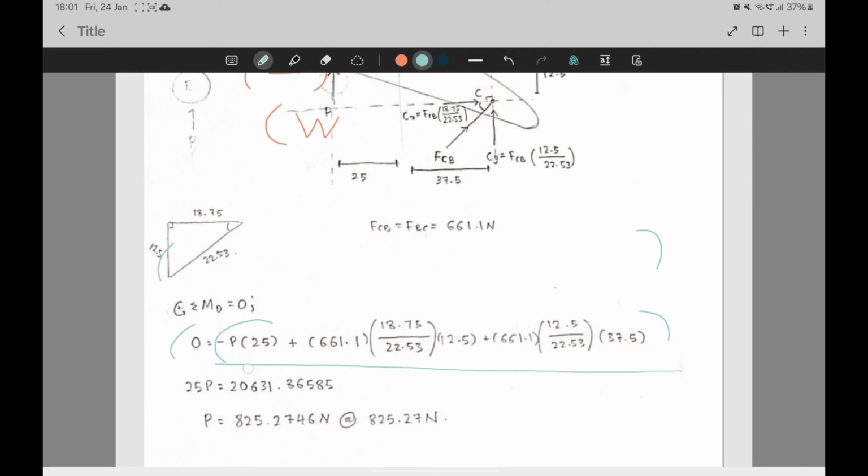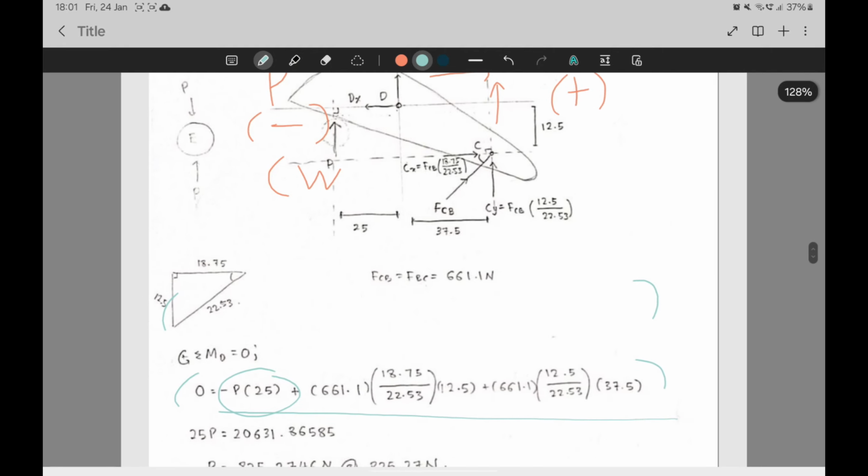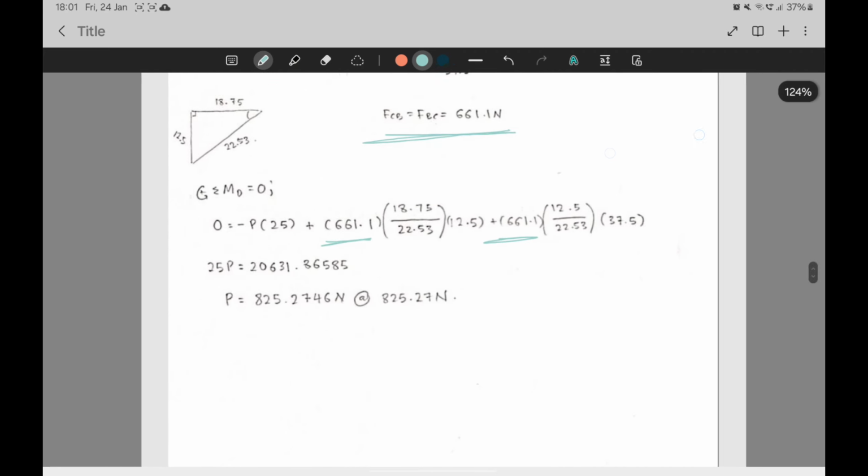P is negative, CY and CX positive. And we already have the FBC.